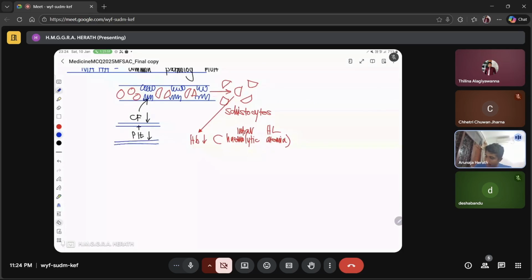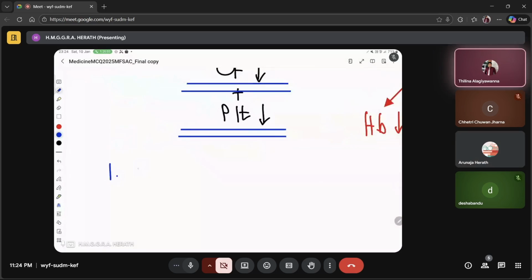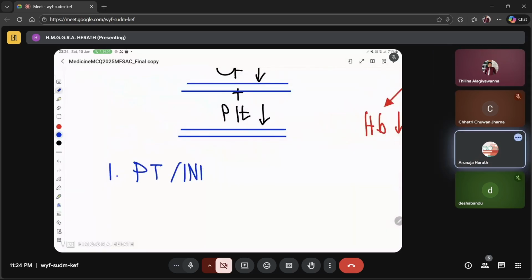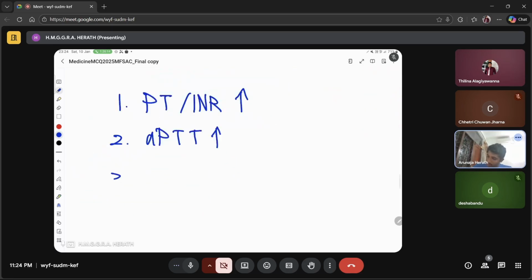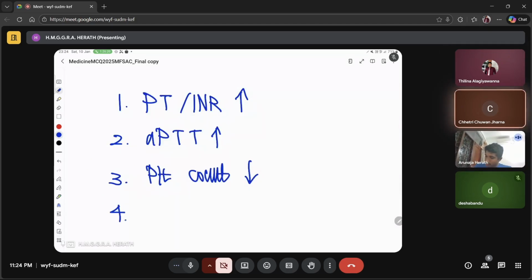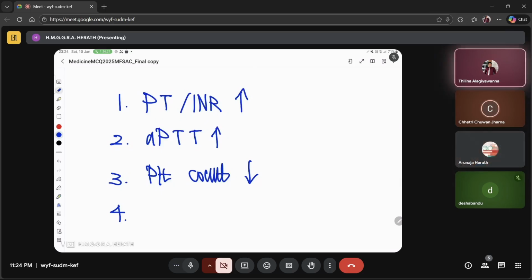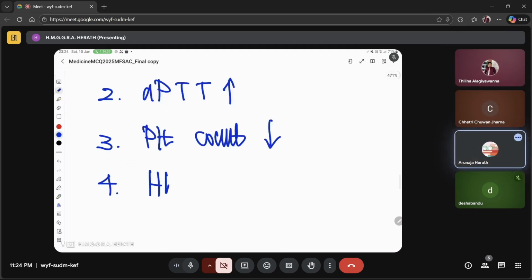So what will happen to the PT in a MAHA patient? Increased. What will happen to APTT? Increased. What will happen to the platelet count? Decreased. Why? Clots, no? Okay. What will happen to the hemoglobin? Decreased.